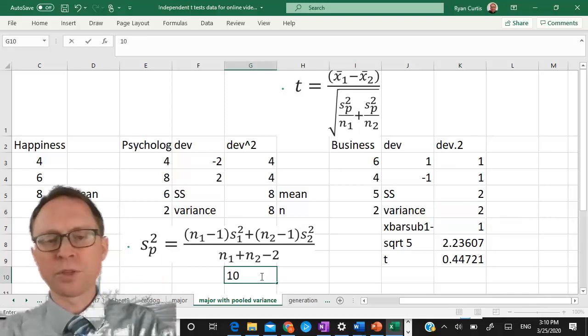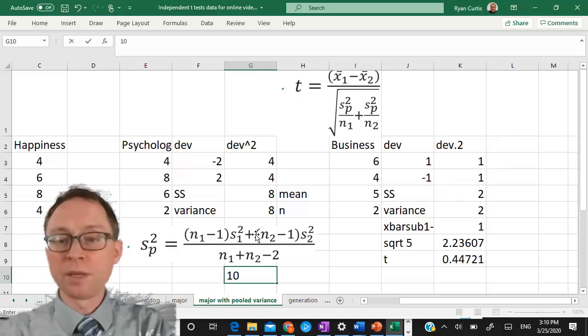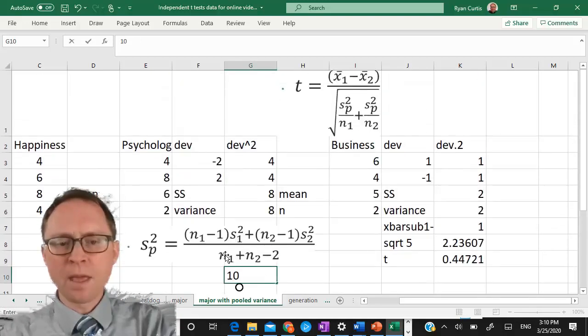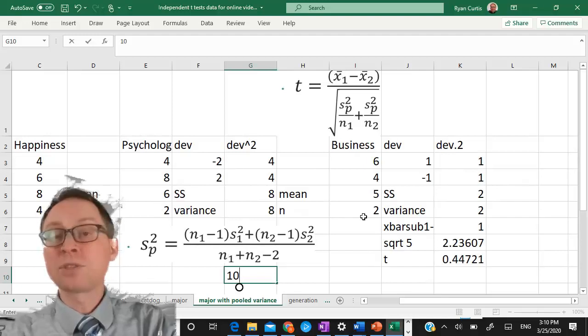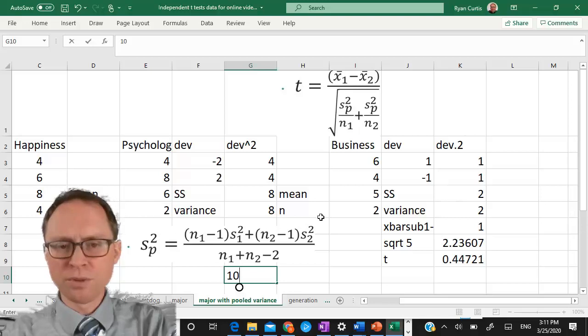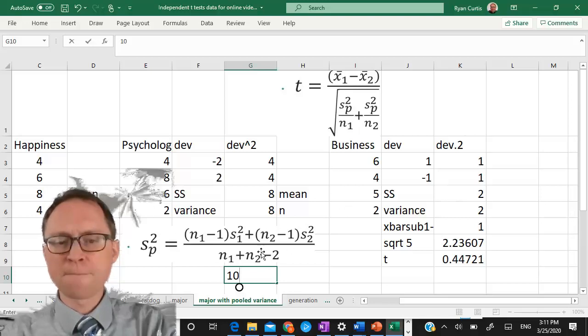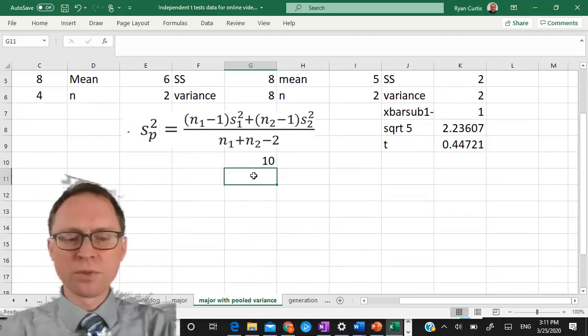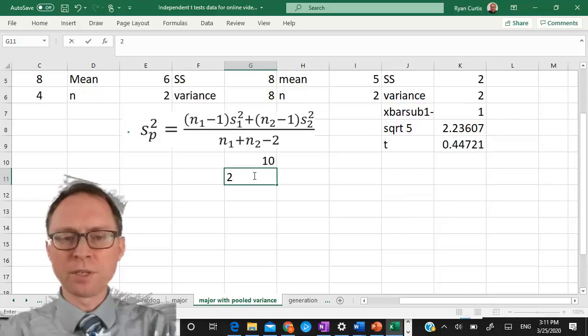So the numerator in this particular case, this whole thing is going to be 10. We need to divide 10 by n sub 1. N sub 1 is 2, plus n sub 2, which is also 2, minus 2. 2 plus 2 is 4, minus 2 is 2. So the denominator is going to be 2.